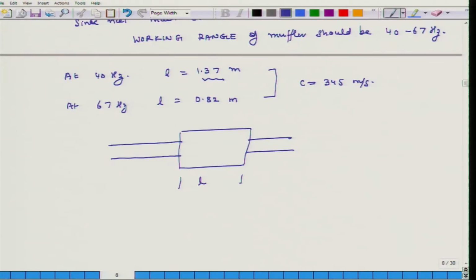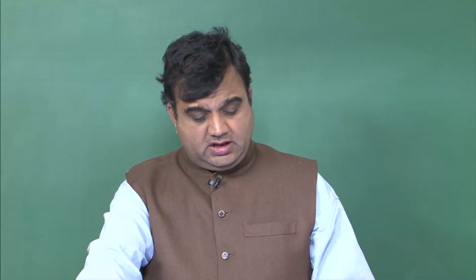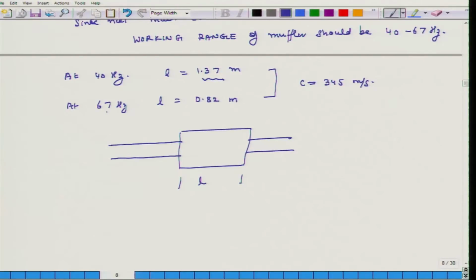If it shifts away from 1.37 meters, sound will get reduced, but it will not be that effective. If I want the design to be such that 67 hertz sound is reduced, which corresponds to the engine running at 4000 rpm, then L should be 0.82 meters.